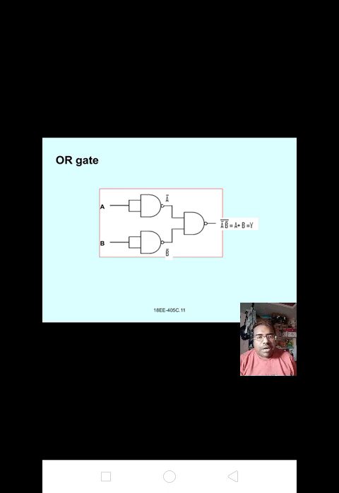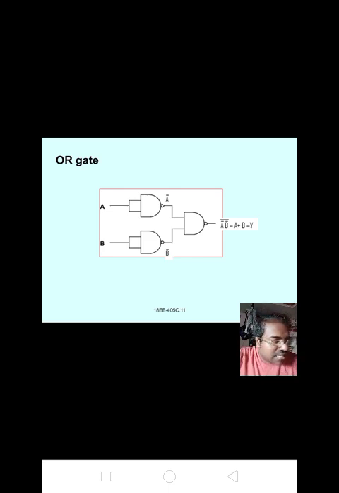These A bar and B bar outputs are given to the third NAND gate. We get the output Y equal to (A bar into B bar) whole bar equal to A bar bar plus B bar bar, that equals A plus B, that equals Y. It is nothing but the OR gate.